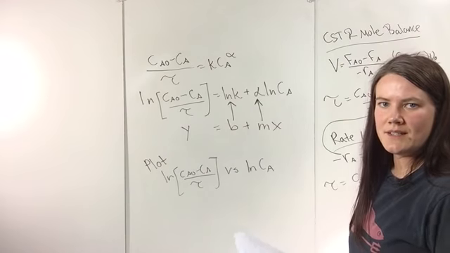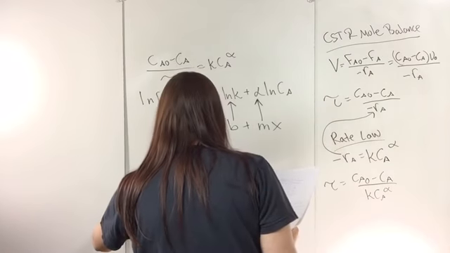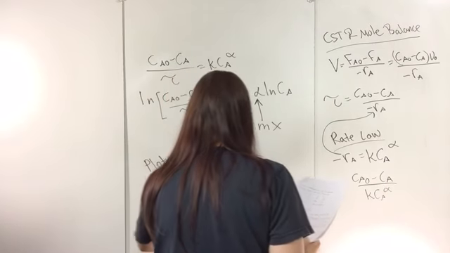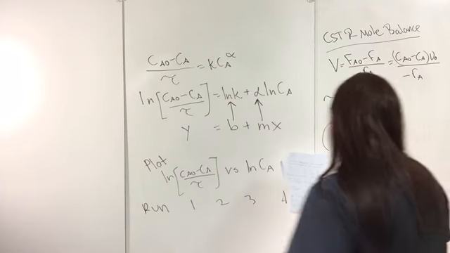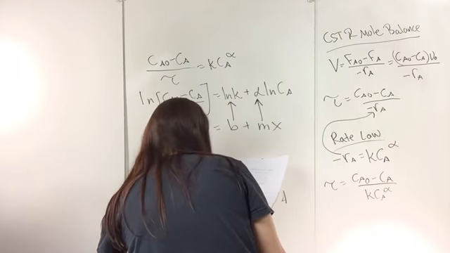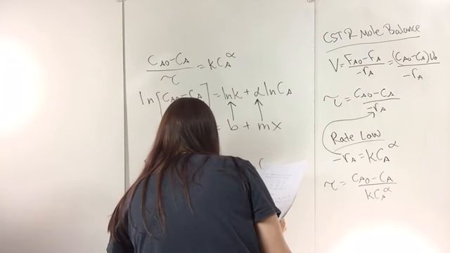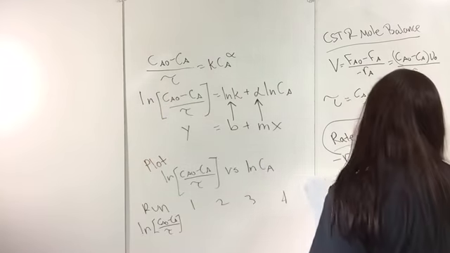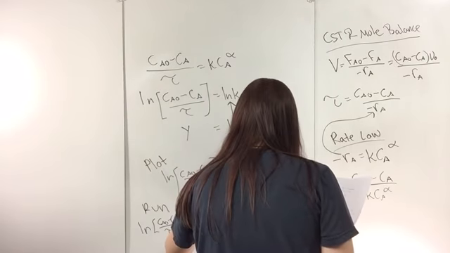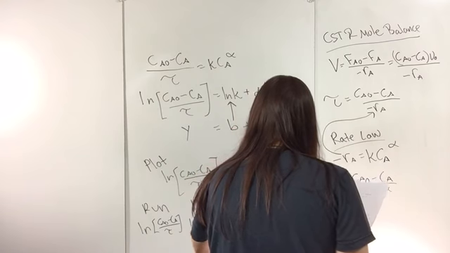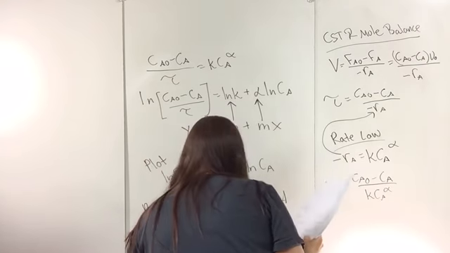What I did when I solved this problem was I said, okay, we have the data from the runs, 1, 2, 3, 4. And I just calculated the natural log of Ca naught minus Ca over tau, because you have everything you need to calculate that. So I got 1.46, minus 0.79, etc. And then I also calculated the natural log of Ca.